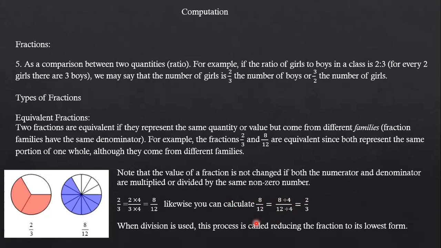When division is used, this process is called reducing the fraction to its lowest form. A lot of times when you reach other aspects of maths, like the CSEC, you need to simplify your answer, reduce it to its lowest form, and you may find that you do this as well.